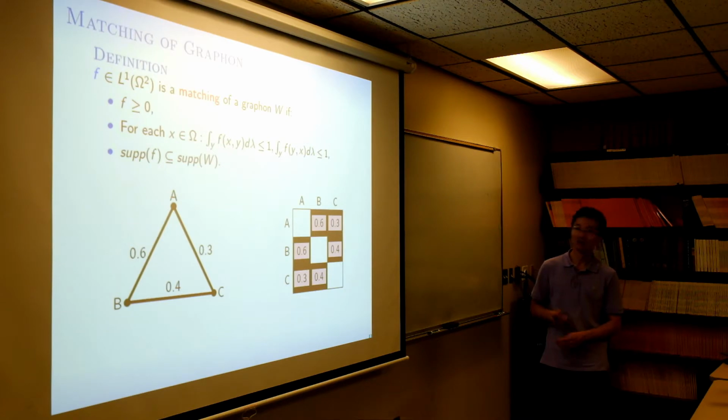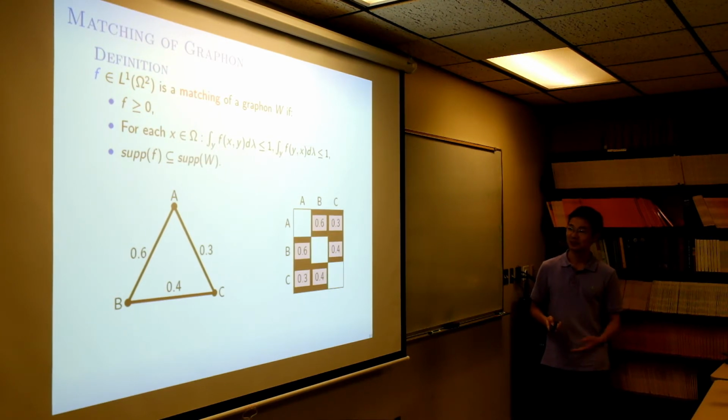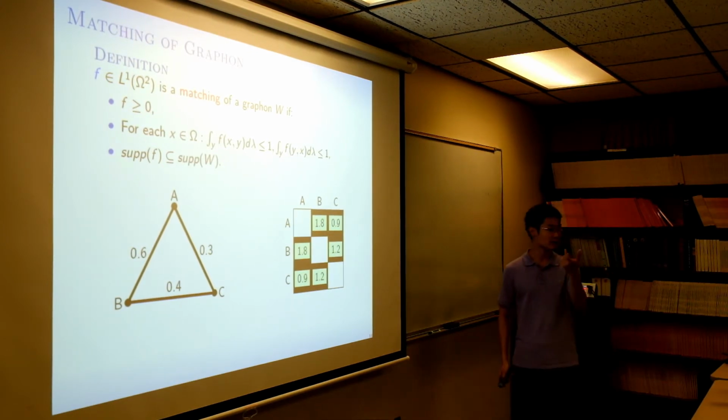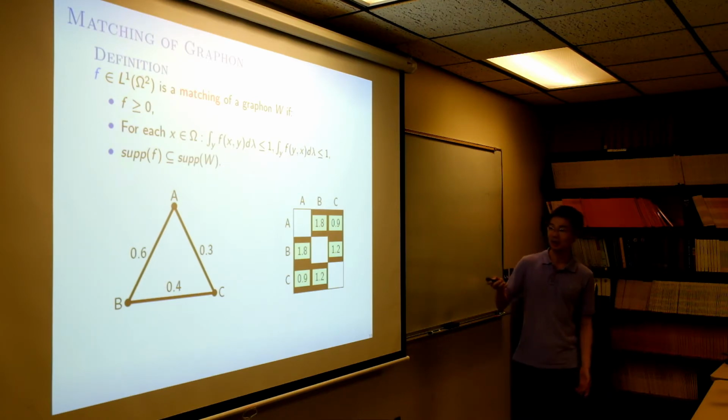This is 1/3, so you just multiply by 3 and get 1.8. Then you do the integral, either this way or this way, it doesn't matter. You have an integral on an interval of length 1/3, so it will give you 0.6. And the same for all the others. After you do the integral, it gives you the original number.